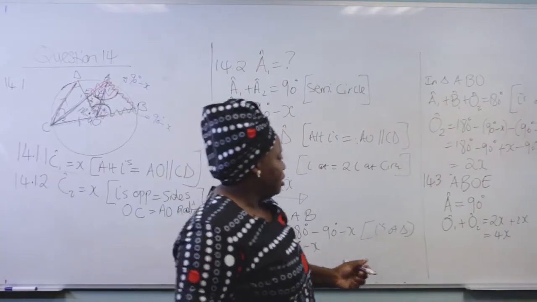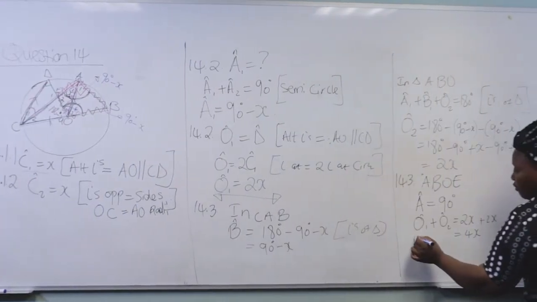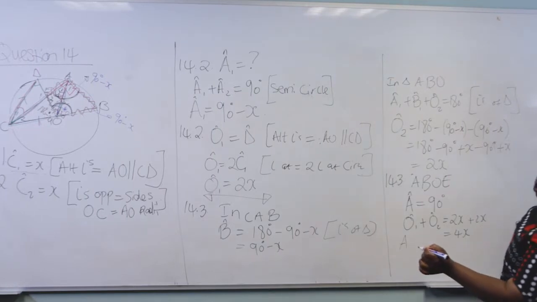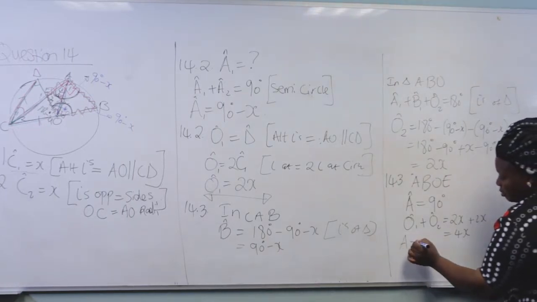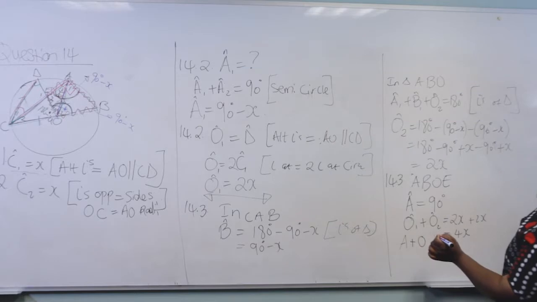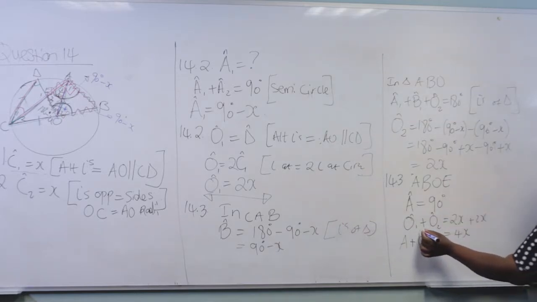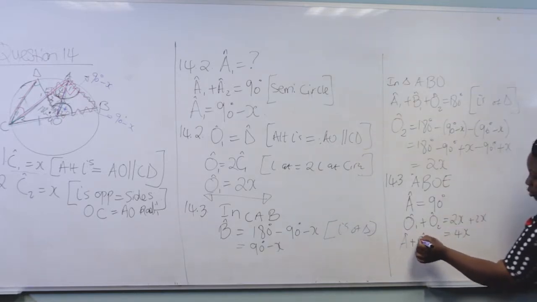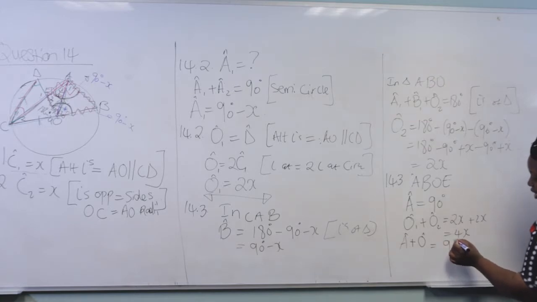Now that's what we are saying. So let's say the whole of angle A, which is angle A1, plus angle O, which is angle O1 plus O2, will be equal to 90 degrees plus 4x.